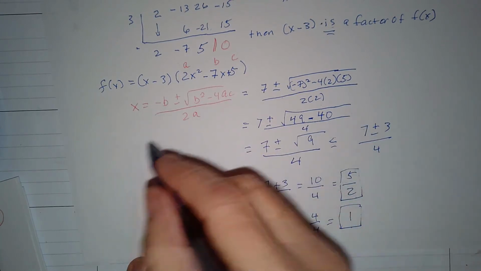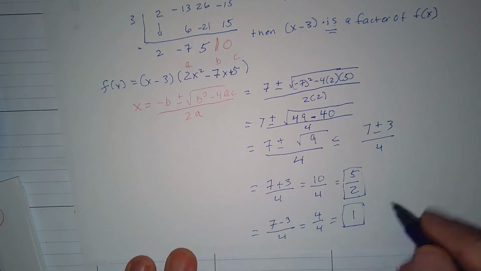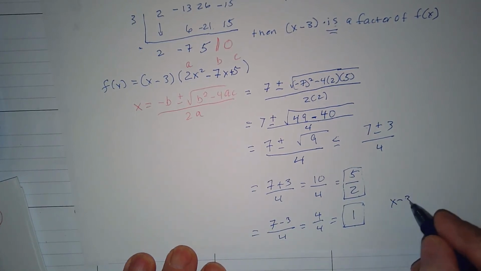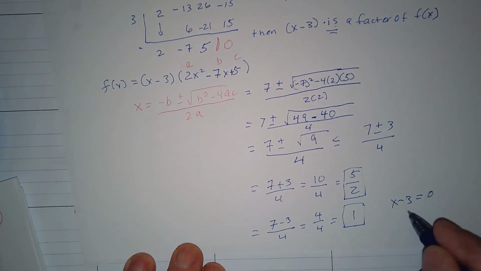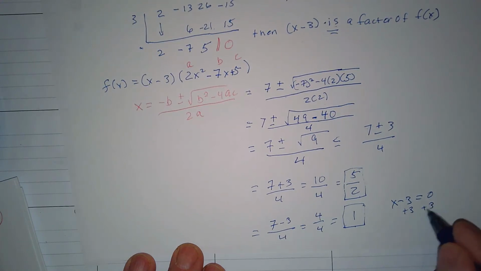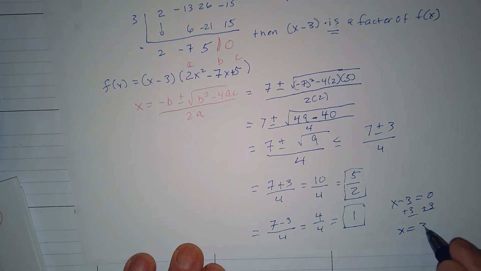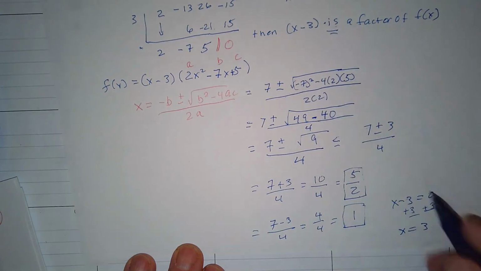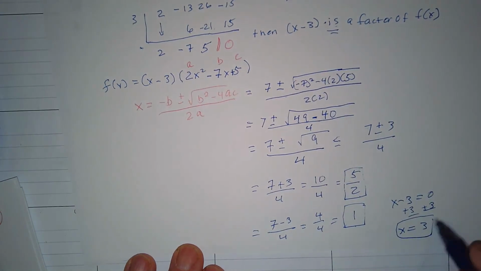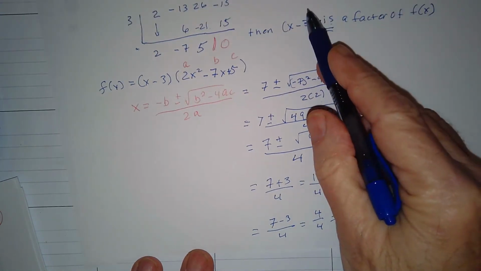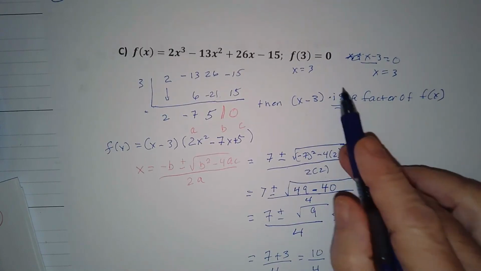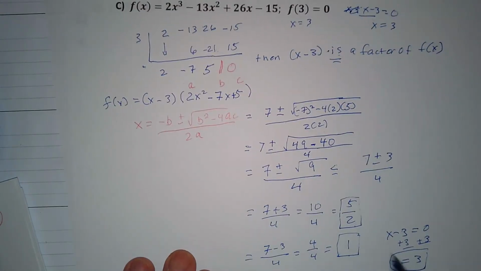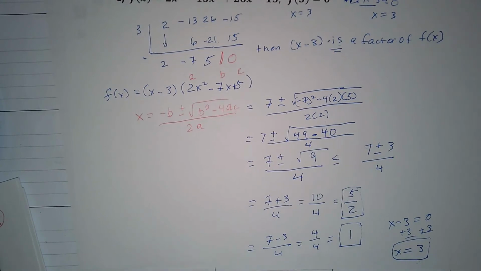So x minus 3 equals 0. So add 3 to both sides, and you get x equals 3. And of course, they already told you that it was that up there. So that was already one of the solutions. This is one of the solutions. Okay, x equals 3. So we got 3, negative 5 over 2, and 1. Those are your solutions. Okay?